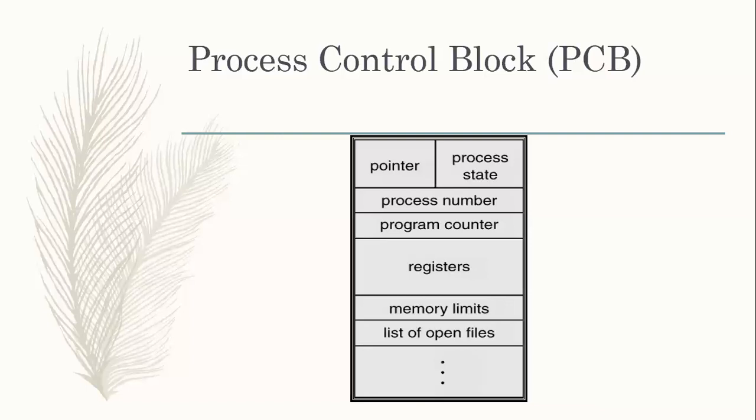And this particular block, which represents one process, is used to control that process. That's why it is known as PCB, process control block. So I hope it is now clear that the process control block is a data structure which is used to represent a process in memory.